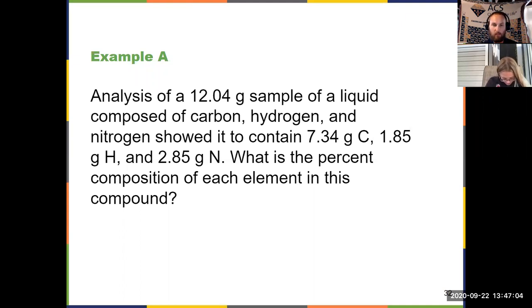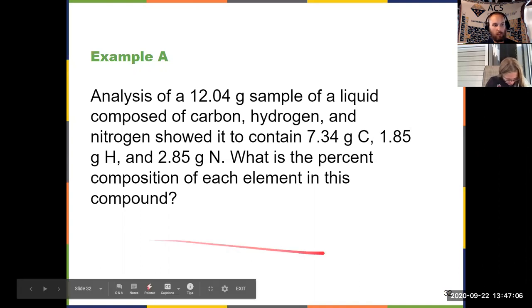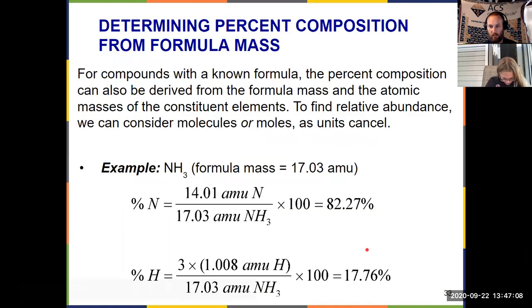Then there's another way to do it as well, and that's using the formula mass, another idea that we talked about in chapter 2 and in 3.1. If we know what the formula mass is already, and we know what the formula is, we can determine the percent composition that way. Okay? So if we take ammonia, NH3, you can calculate the formula mass. We know how to do that from 3.1, right?